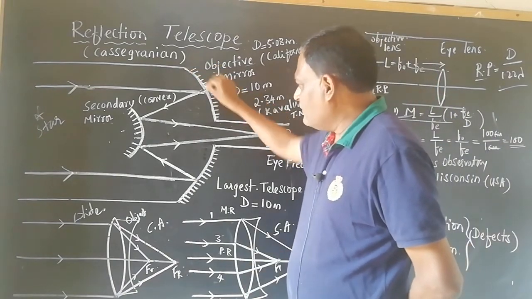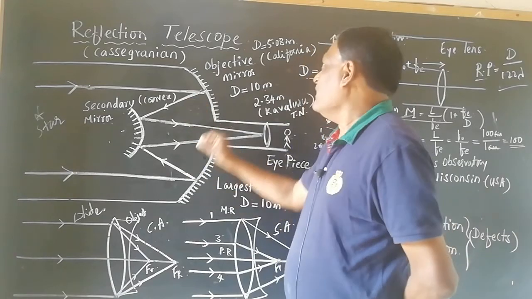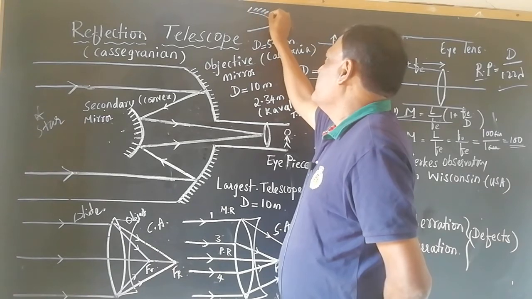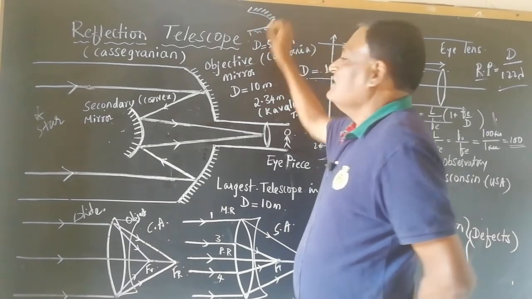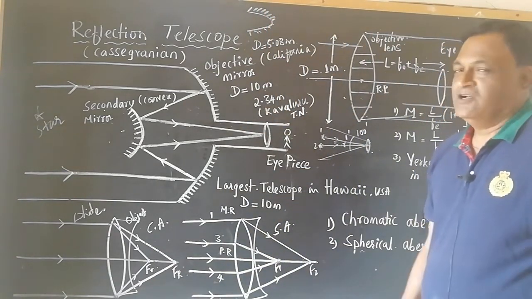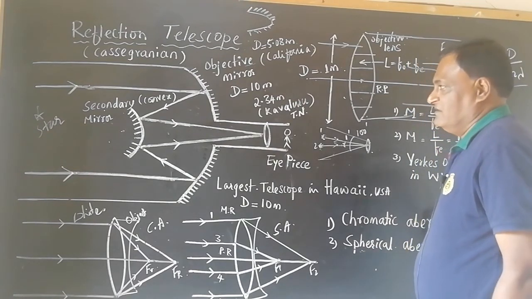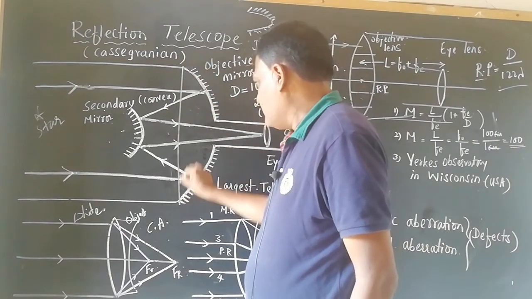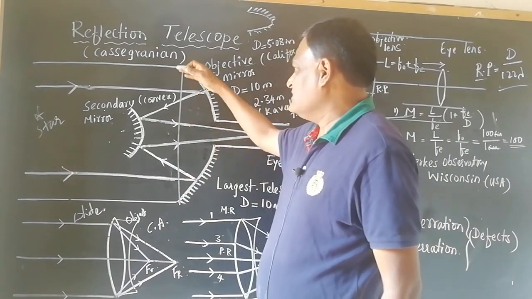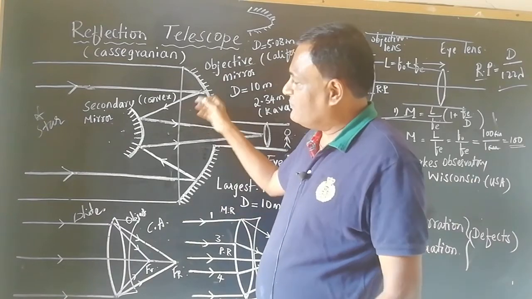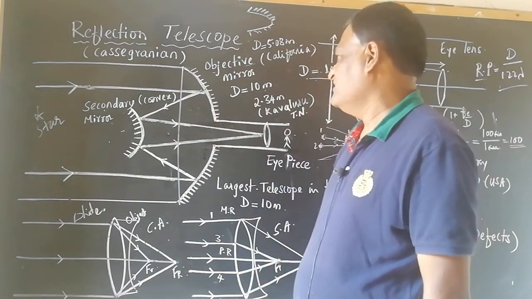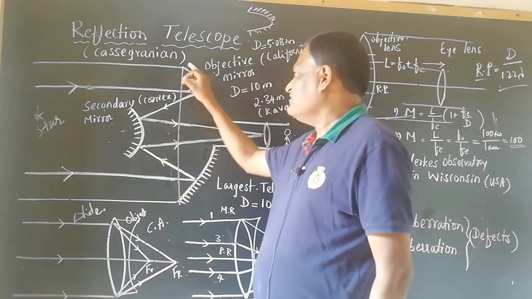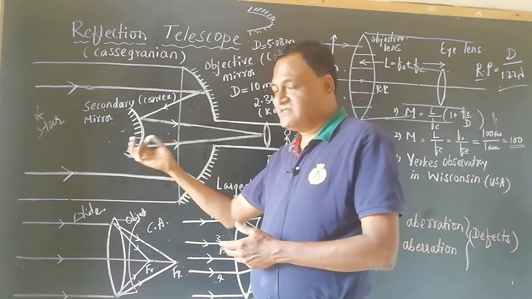Instead of going for a concave mirror, a paraboloid mirror is used. This paraboloid mirror is free from spherical aberration, and the effective diameter or the aperture, the surface area available for reflection of light, being more, the light gathering capacity of this reflection type telescope is more.